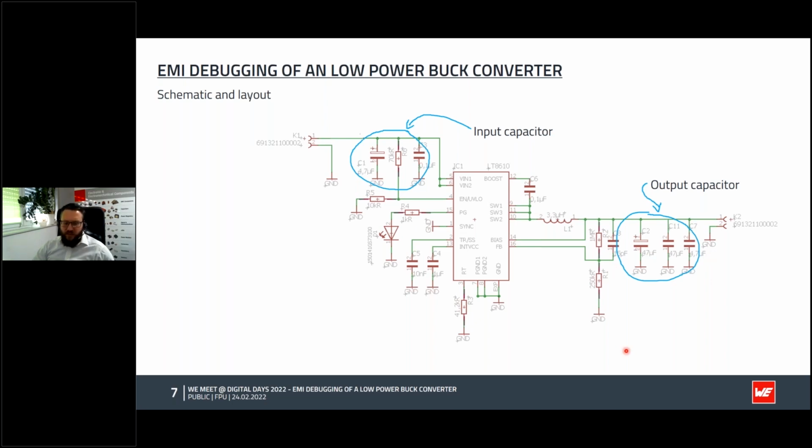I also placed some possibilities to change things in the design. There is a power good, but I have to confess that it was not working, because it was the wrong schematic, the wrong setup. And our inductor here is already a shielded one, so it's really a good choice for the inductor.